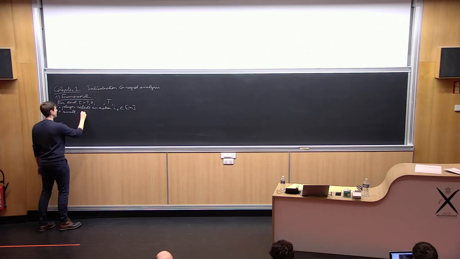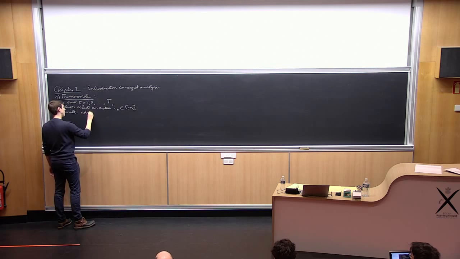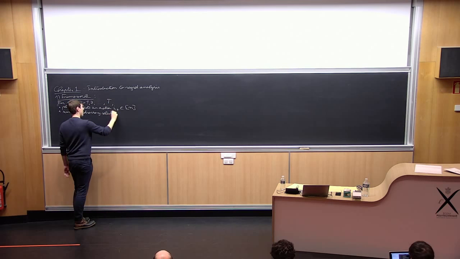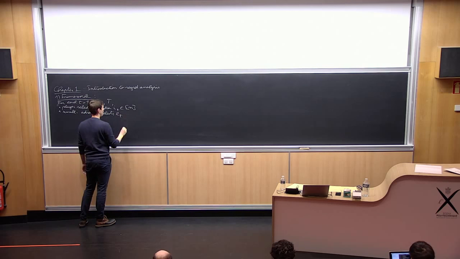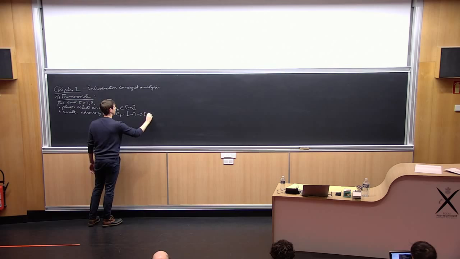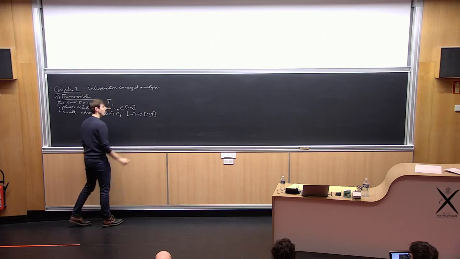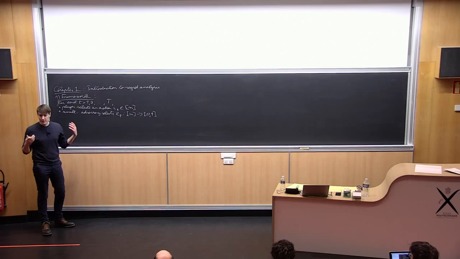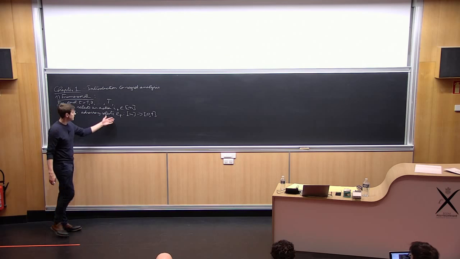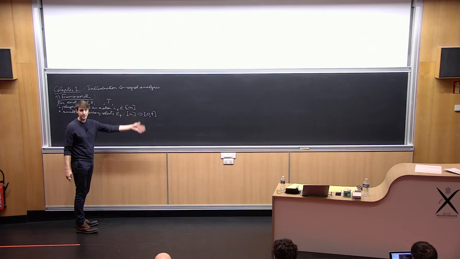there is an adversary that selects l_t, a loss function, from the set of actions to the interval 0, 1. Okay? So to every action, the adversary assigns a loss. For each action, he says, okay, if you play that action, that's how much you lose.